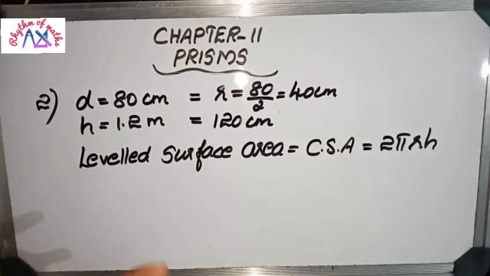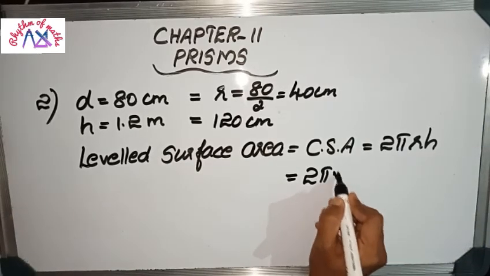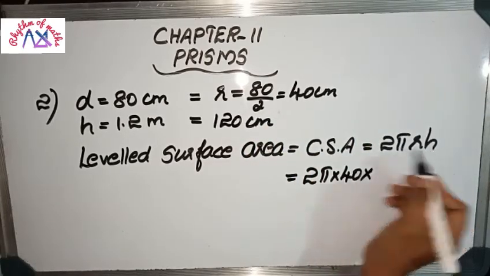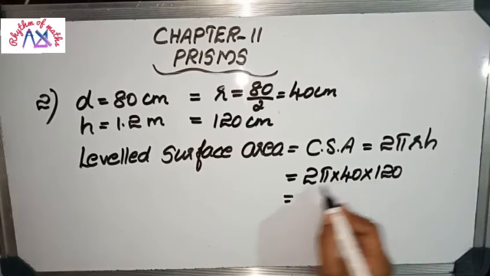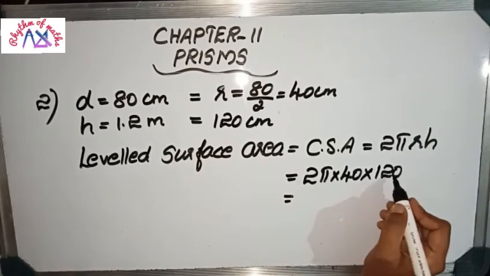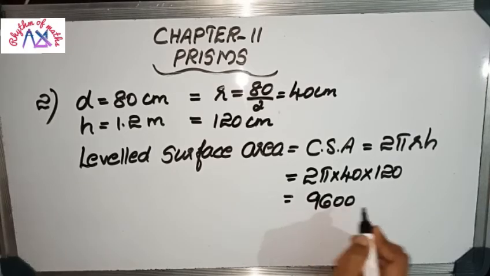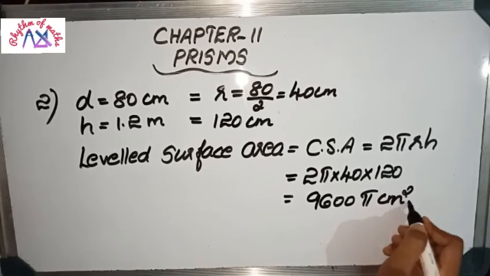So leveled surface area means curved surface area, and the equation is 2 pi r h. So the answer will be 2 pi into radius, which is 40 centimeter, into height, which is 120 centimeter. Now let's multiply all this. After multiplying, we will get the answer as 9600 pi centimeter square.